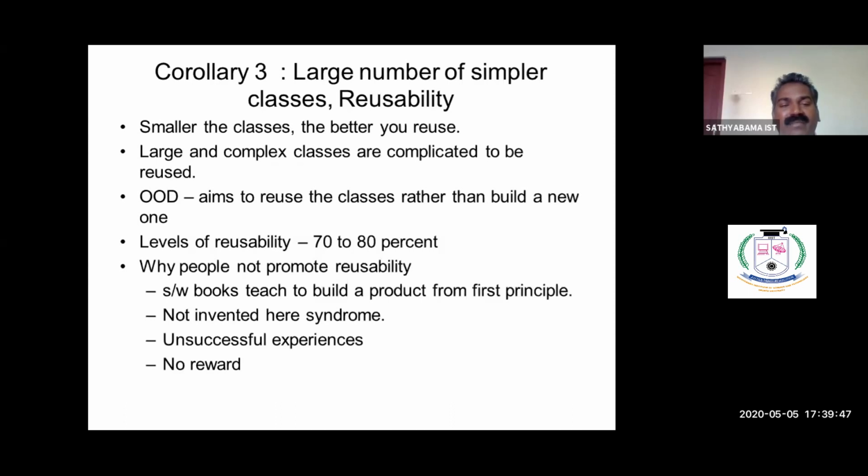The level of reusability is normally 70 to 80%, which can be fixed based upon the design policy. Whether it is 50% reusability or 70% reusability, we need to define it. Why are people not promoting reusability? Software engineering materials promote starting the project from the initial level itself, so software engineers and professionals are not relying on reusability.